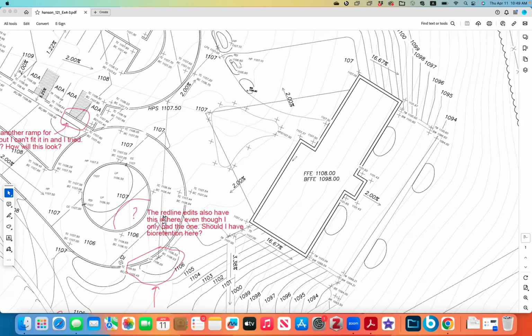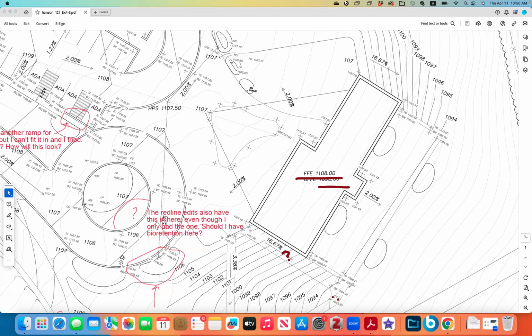Okay. So if your FFE here is 1098, we have to get down to 1098. No, below 1098 somewhere. Not sure what this is yet. I think this is the stairs. You will need to get down to the bottom of the ramp here.